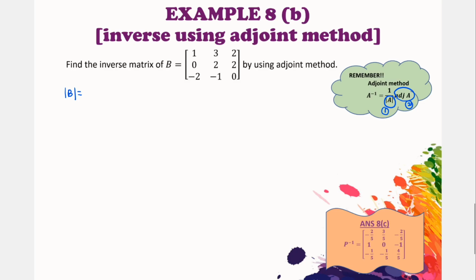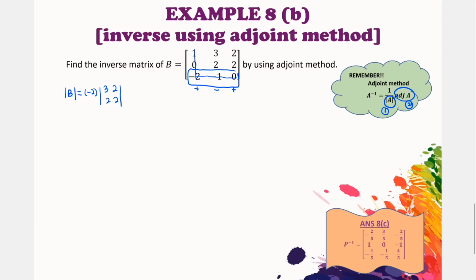I would like to choose the third row to find our determinant. The sign is positive, negative, positive. So positive of negative 2, and then our minor is we delete this third row and the first column, and we have 3, 2, 2, 2.